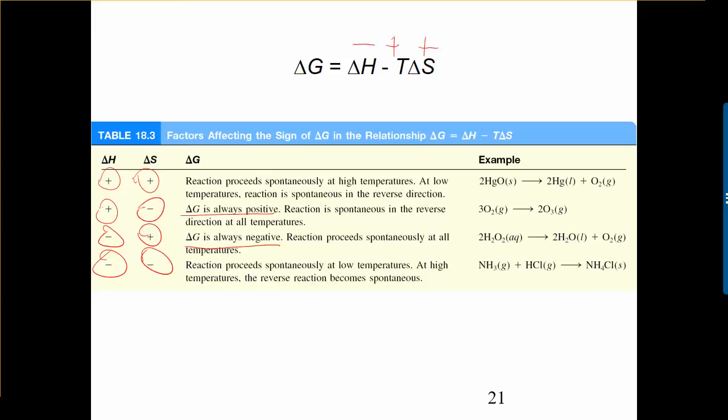So the reaction proceeds spontaneously at low temperatures, but if I increase the temperature, that's going to cause that delta S term to become more and more positive, and it will overcome it and become non-spontaneous at higher temperatures. All right?